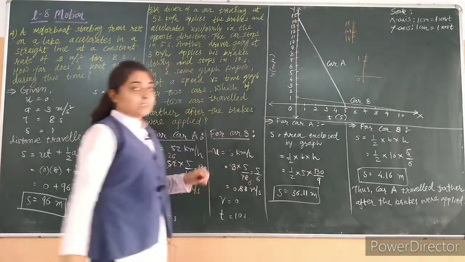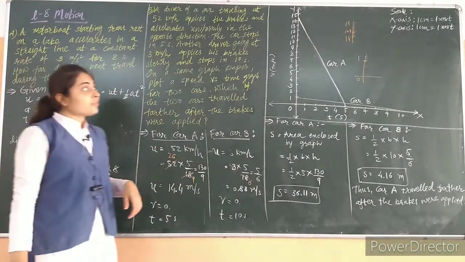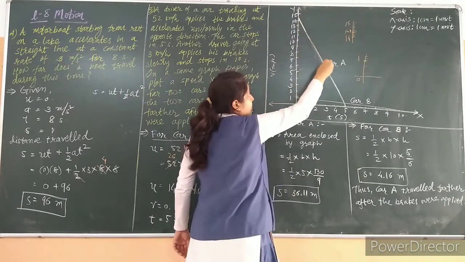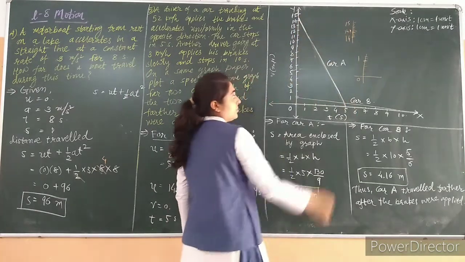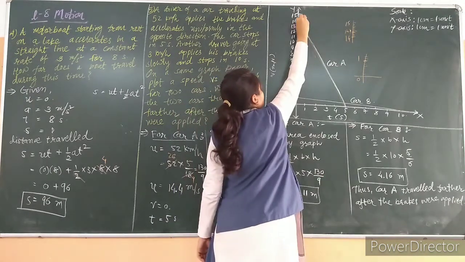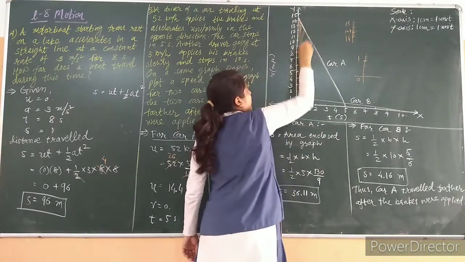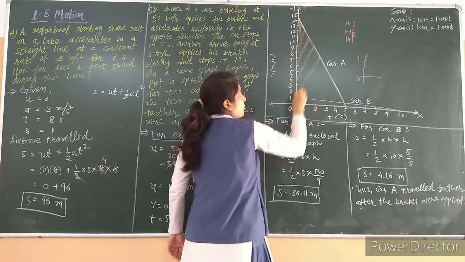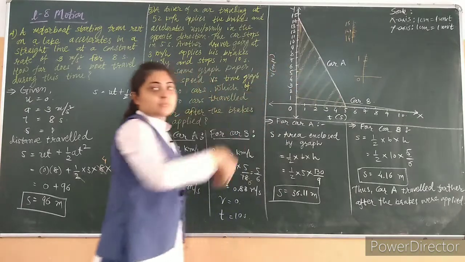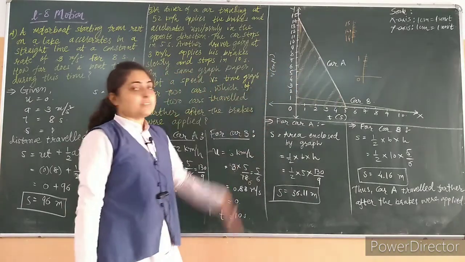So how much area is covered by graph A? For car A, this is the graph. And how much area is covered under this graph? This portion. This whole triangle is the area under this graph.